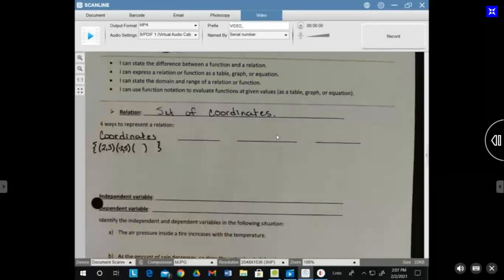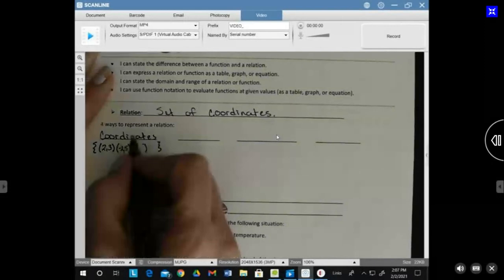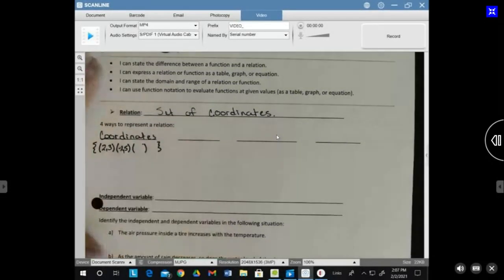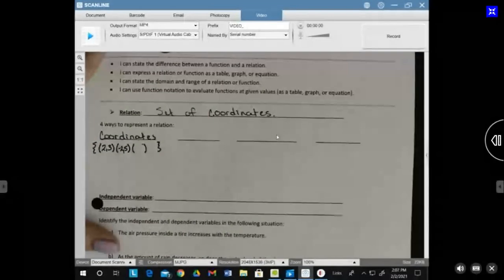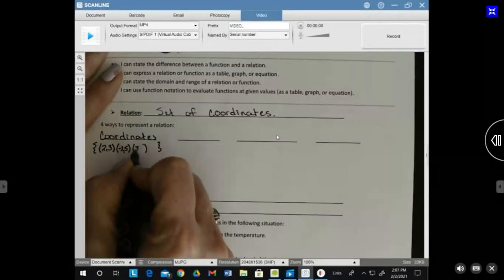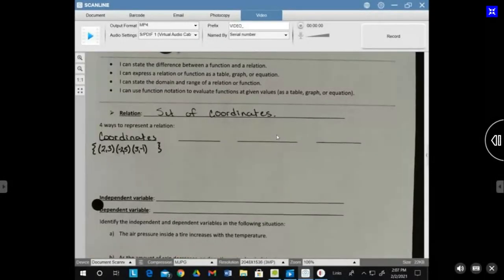What quadrant would -2, +5 be in? Good. 2. Give me something from quadrant 4. Perfect. All right. Boom. There's a relation, right? That's my relation, a set of coordinates. That's one way of representing it.